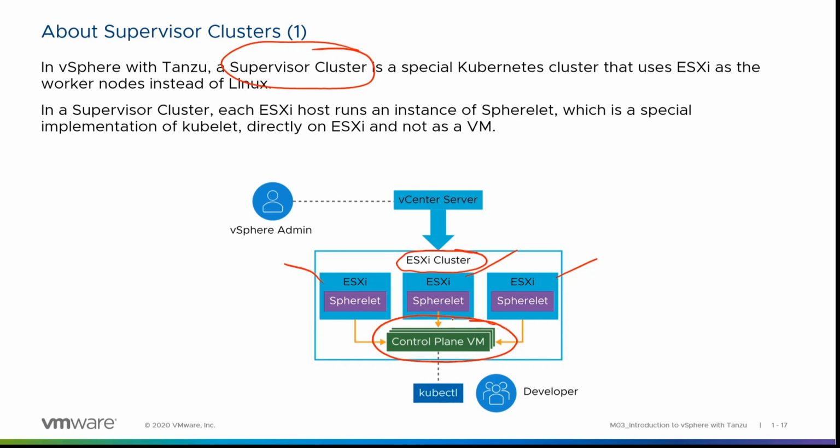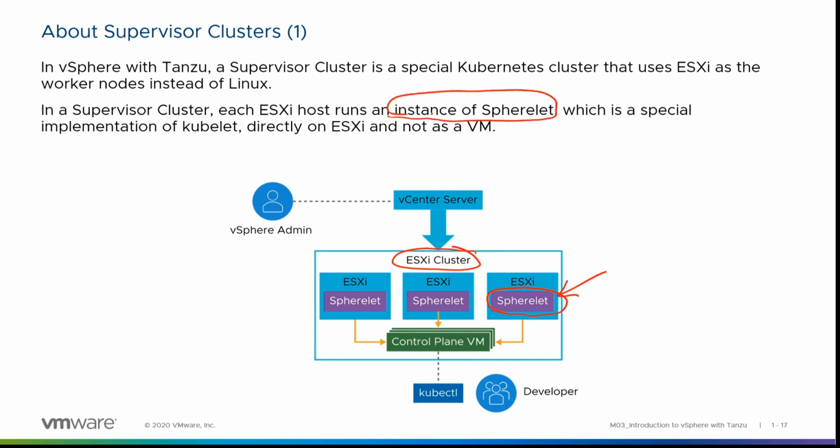And what's going to happen at the same time when I enable that feature? In Kubernetes, how do I get communication from my control plane VMs to my worker nodes? I'm typically talking to kubelet. So what's happening when we've enabled vSphere with Tanzu on this particular ESX cluster is we've added this special instance of this thing called Spherelet.